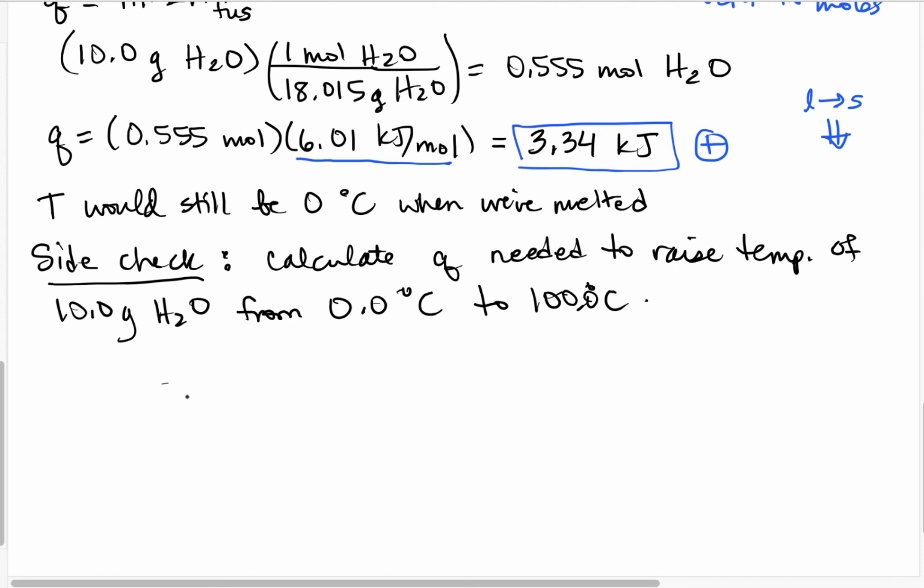So let's take a look at boiling it, right? If we are wanting to boil the water that was in this little ice cube, yes, we would absolutely need to heat this sample from 0 degrees Celsius up to 100 degrees Celsius. And then, in order to boil, we need the vaporization enthalpy.